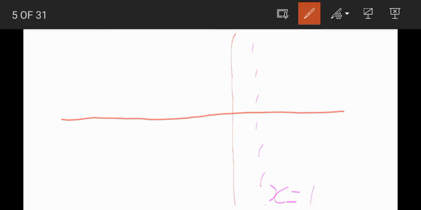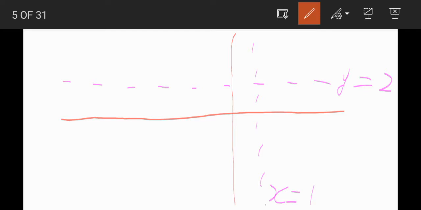So always your vertical asymptotes are represented by x. They cross through the x-axis. Then here you have your horizontal asymptote, which is y is equal to 2. It crosses the what? The y-axis, right?